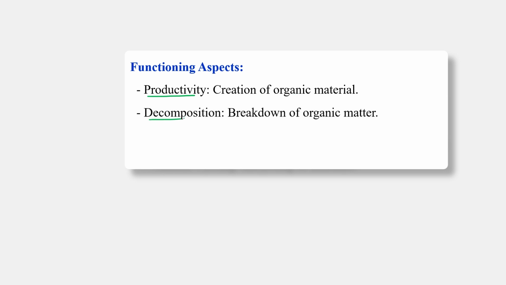And for decomposition, microbes, fungi and bacteria are mainly responsible, and decomposition means breakdown of organic material. So productivity involves creation of organic material, while decomposition involves breakdown of organic material.